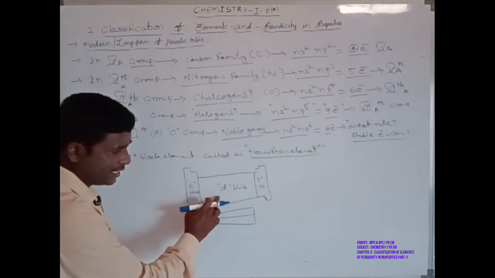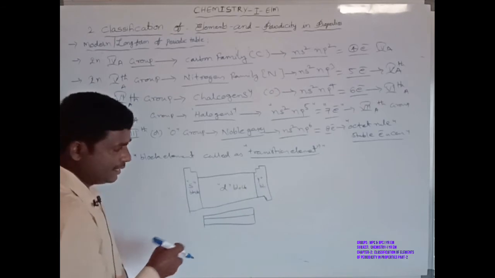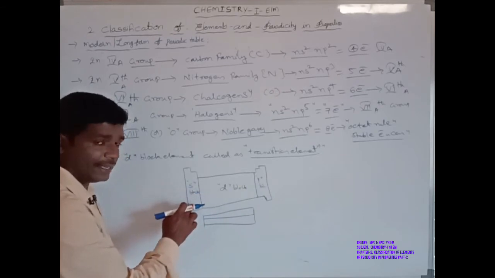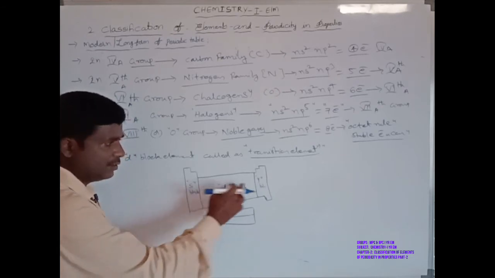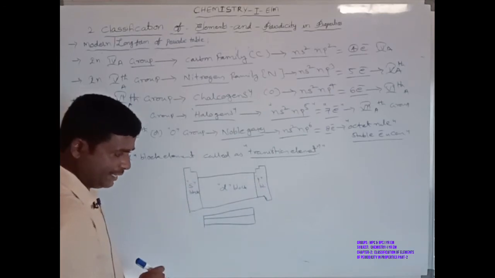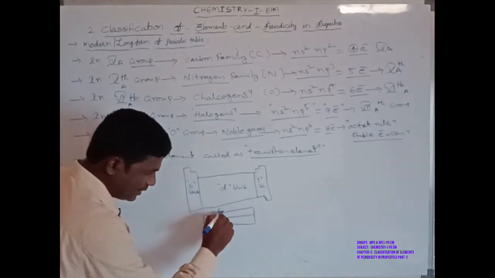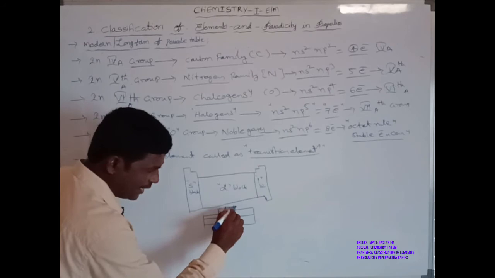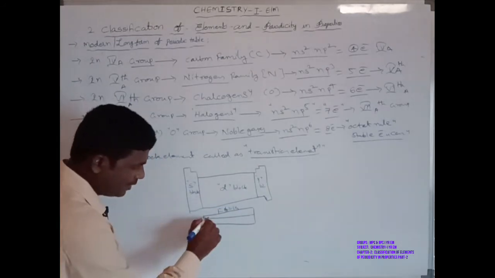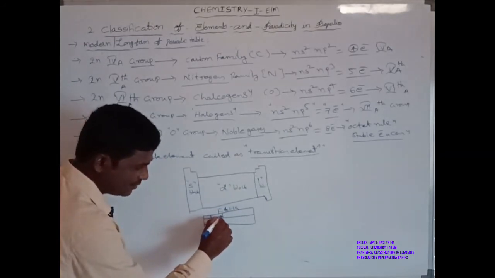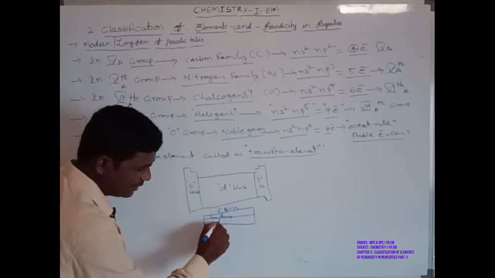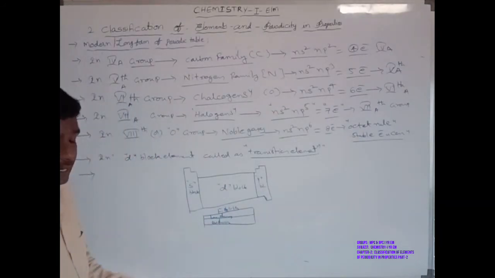The D block elements are also called the transition elements. Remaining are the F block elements, arranged at the bottom of the periodic table as lanthanides and actinides.